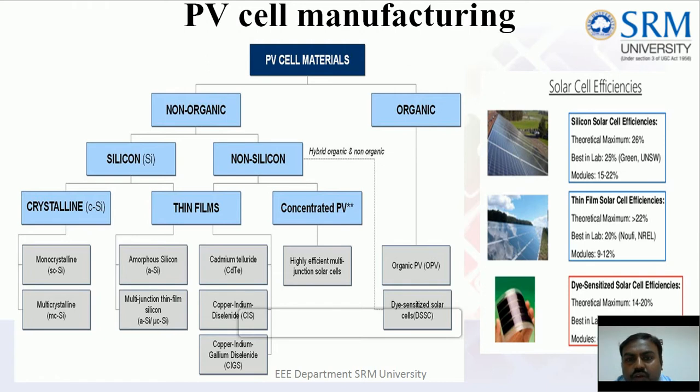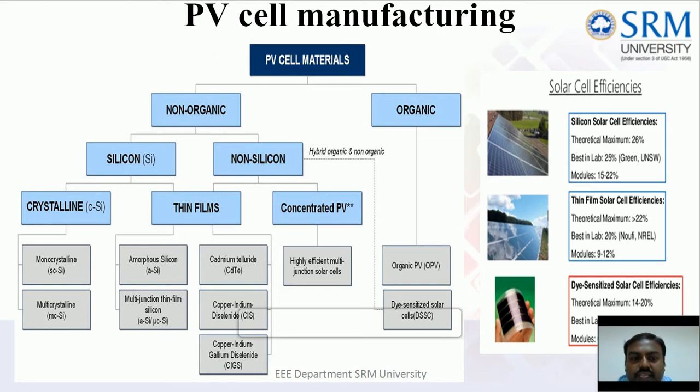There is huge research happening in PV cell manufacturing, improving the efficiency of PV cells. PV cell materials can be categorized into inorganic and organic.